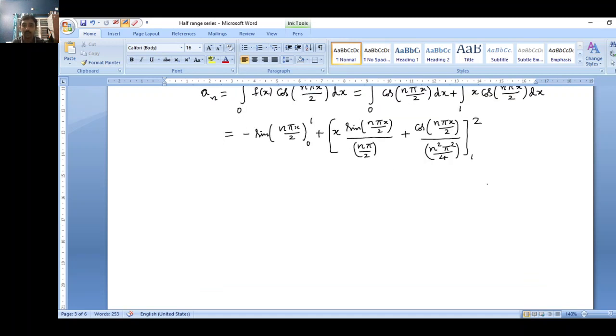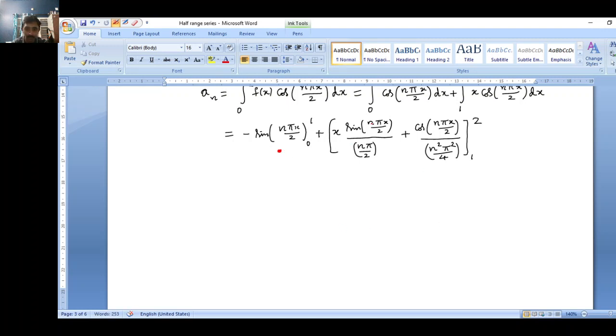Okay, now once again if I check as to what all terms will vanish, so when you go for the upper limit for this, even though this is a sine function, you get sine n pi by 2 because x is going to be 1, and that is definitely not 0, so the upper limit will not become 0. But when you go for the lower limit, when you take x as 0, sine 0 would be 0, so this will have its lower limit to be 0.